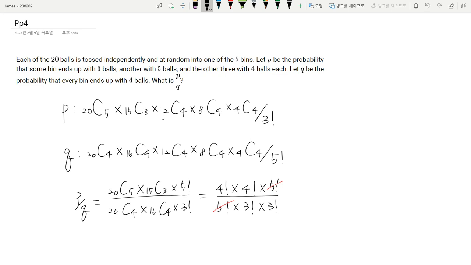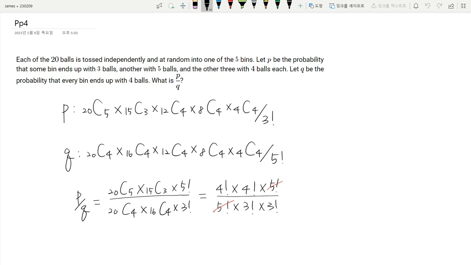And then the next is 3 balls. So we need to pick 3 balls from 15, and then from that, we continue to pick 4 balls. And because there are 3 equal bins having 4 balls each, we need to divide this by 3 factorial.